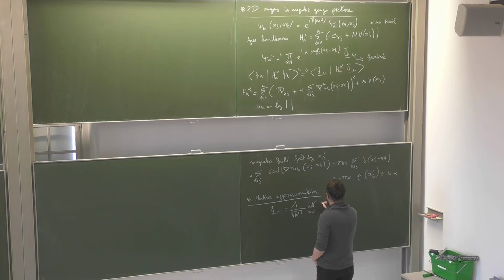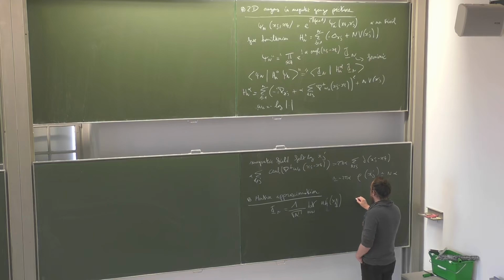Det n cross n, u_j of x_k, or maybe u_k of x_j, for an orthonormal basis, an orthonormal family of orbitals u_j. There are one particle orbitals, j from 1 to n, and these are just one particle wave functions.